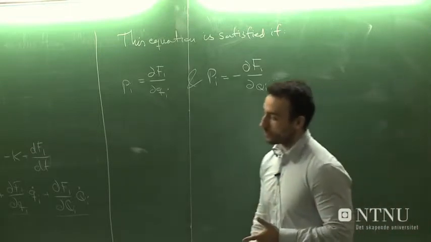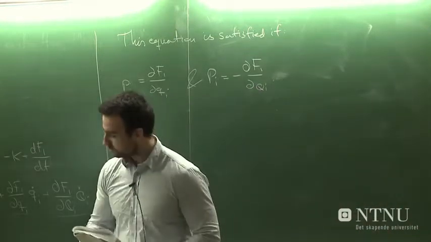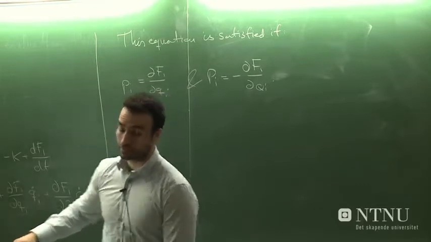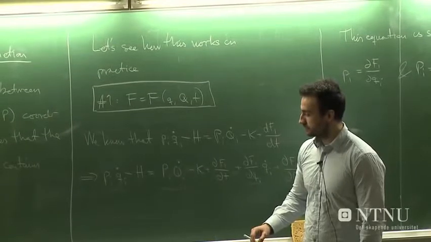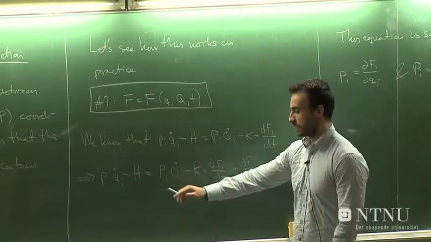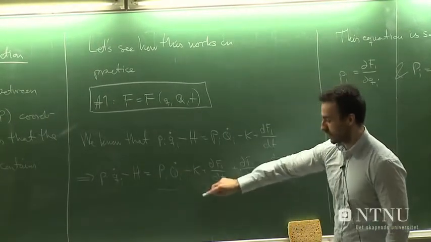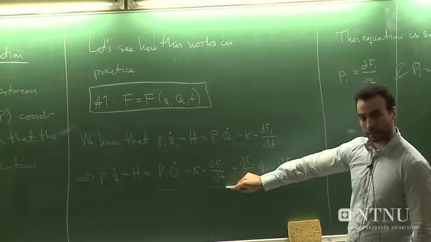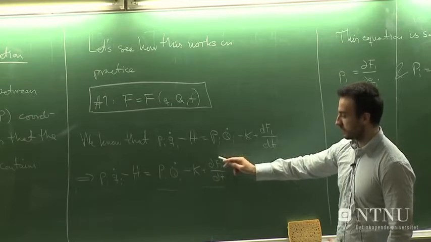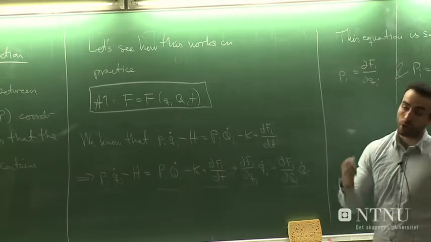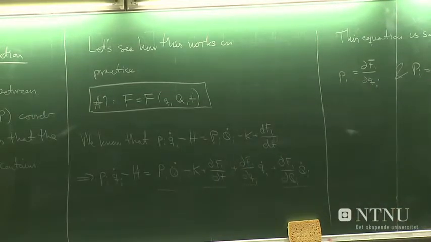And we have one more inference we can make, and that is how the Hamiltonians are related. Because to have full equivalence, we see that h has to be equal to this. So we have this extra term here, which is the partial derivative of f with respect to t.